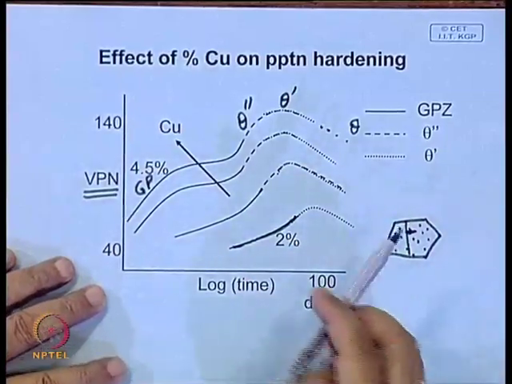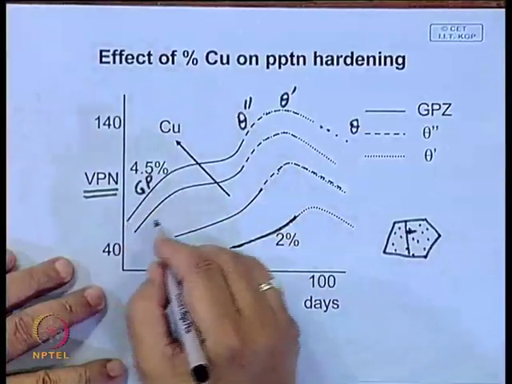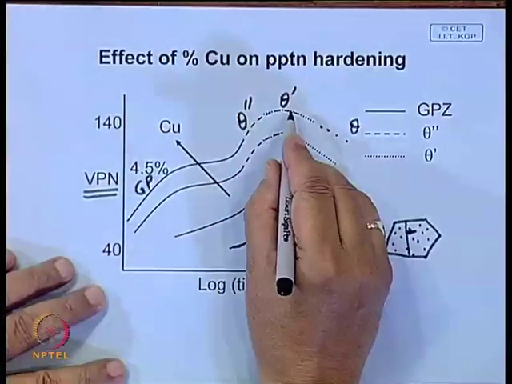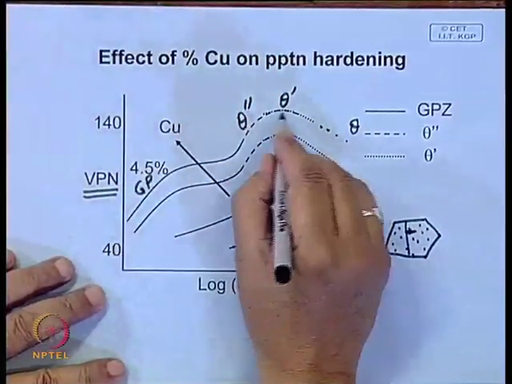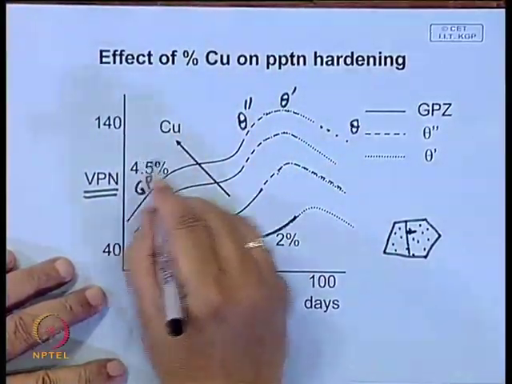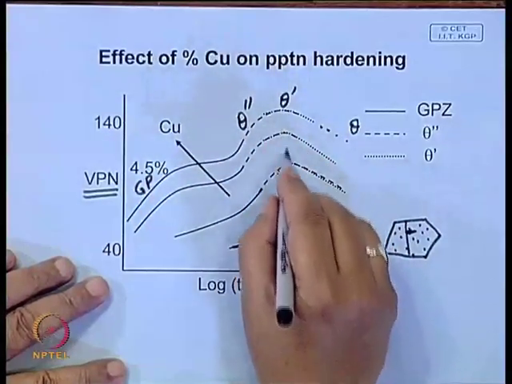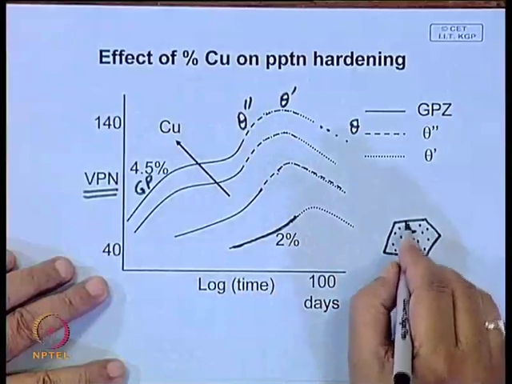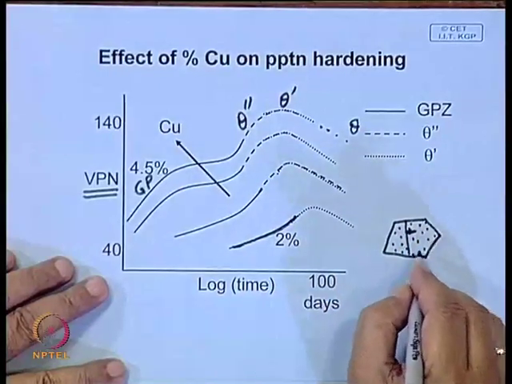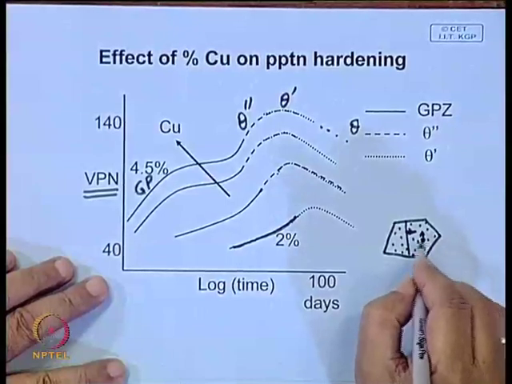And you will find that the composition has a significant effect on the extent of hardening. If you increase copper, actually you are increasing the volume fraction of precipitate. So, if the volume fraction is increasing, and if you have more particles and the particles are small, the distance between the particles also will be small.